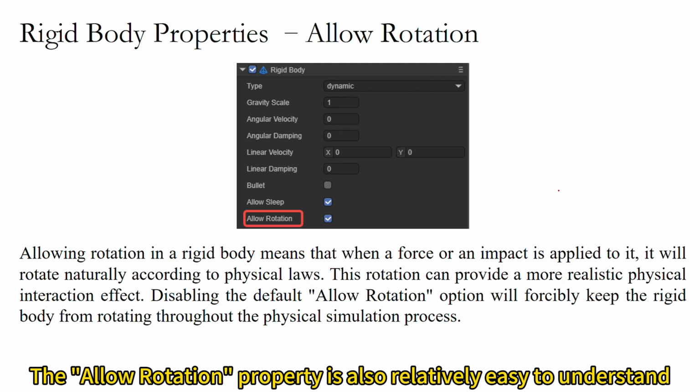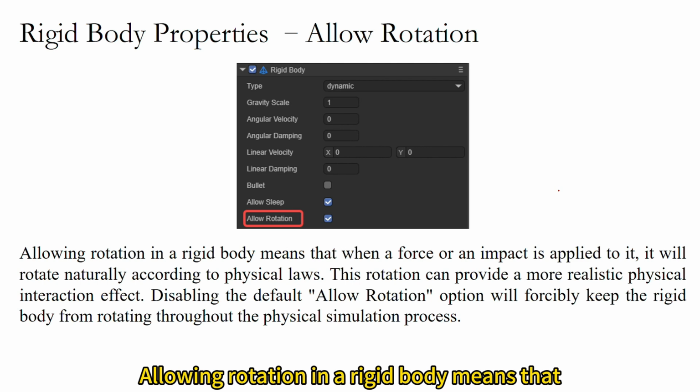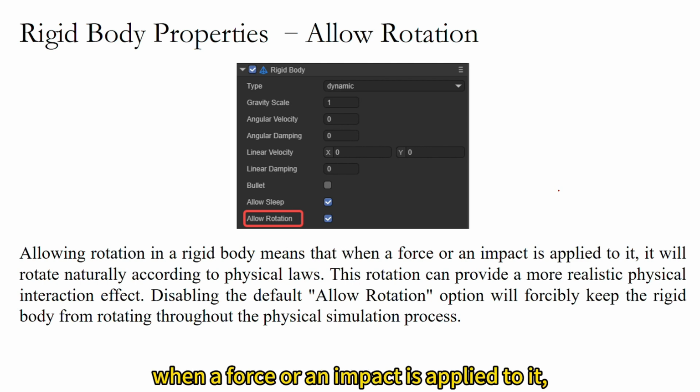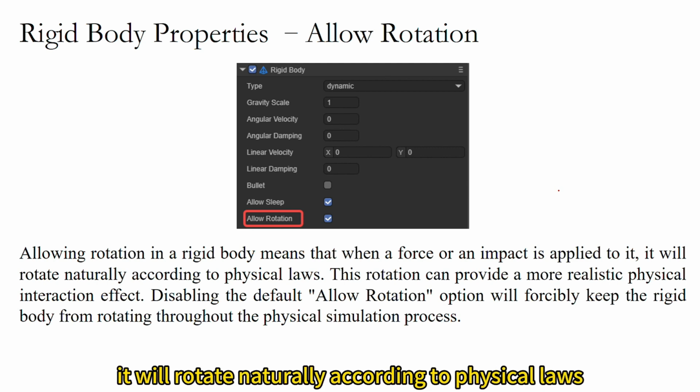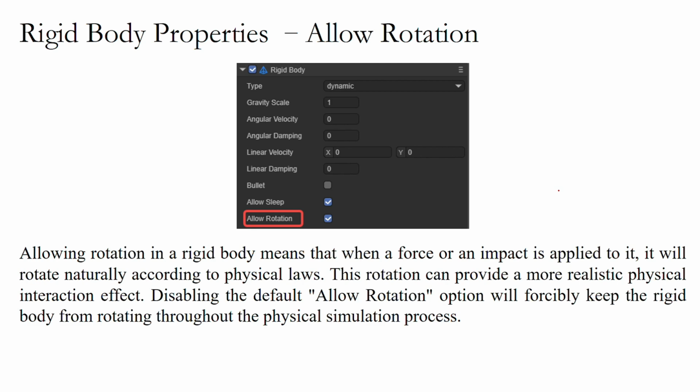The allow rotation property is also relatively easy to understand. Allowing rotation in a rigid body means that, when a force or an impact is applied to it, it will rotate naturally according to physical laws. This rotation can provide a more realistic physical interaction effect.